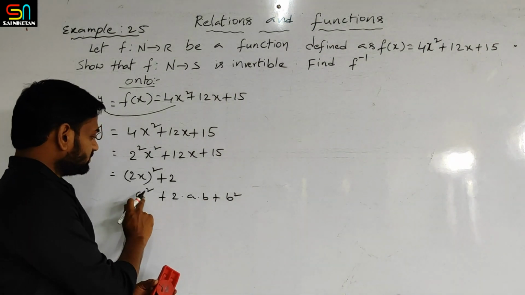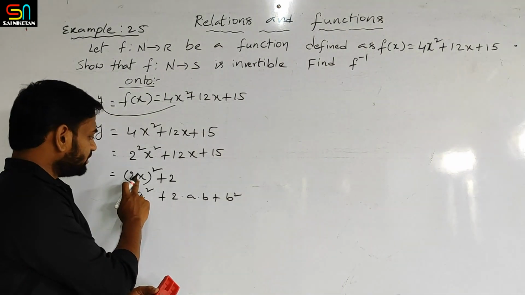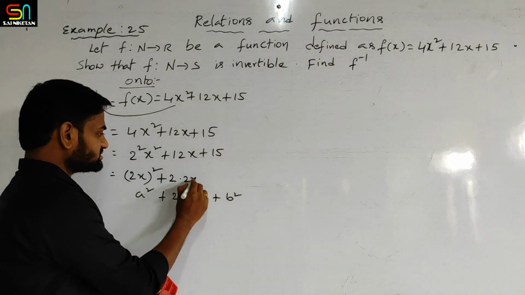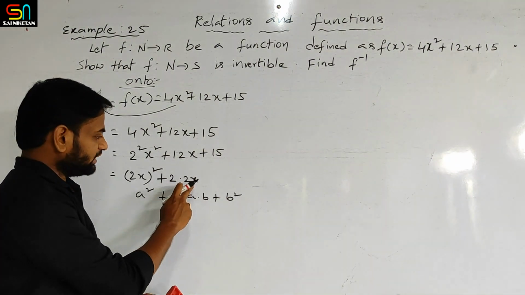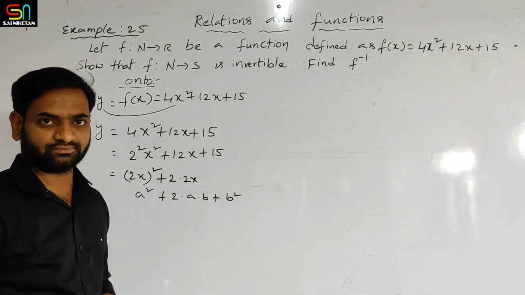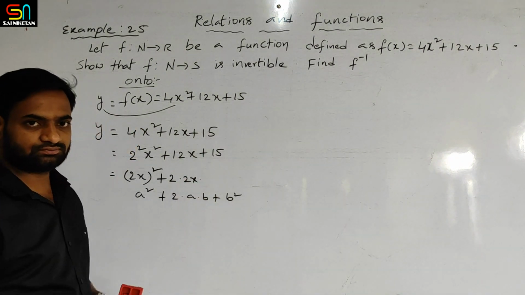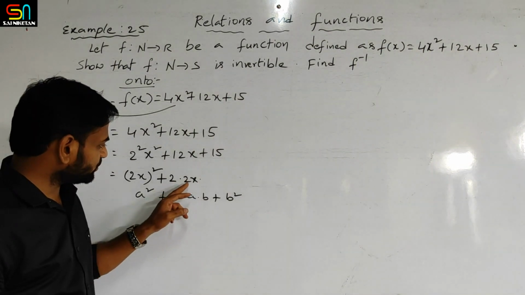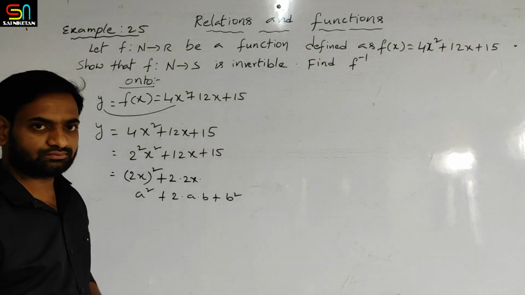Now here 2 already is there. What is the a value? It is 2x. Now here how much is 2 into 2? 4. 4x. But we have to get here 12x. So how much do we have to write as the b value? 2 into 2 is 4, but here there is a 12.